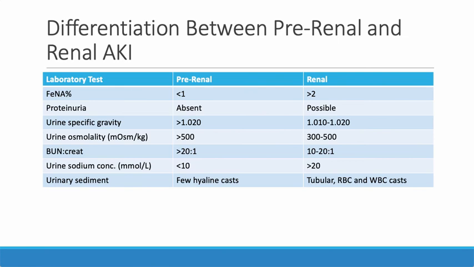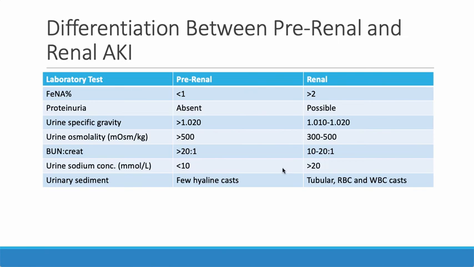But one thing from the urinalysis that we can see is useful is the urine sediment. You should have very few casts in the urine in prerenal. But remember, we said that the thing that's going on in ATN is that the cells are dying in the tubules and they slough off and fall into the urine and sometimes gum up the system in the meantime.